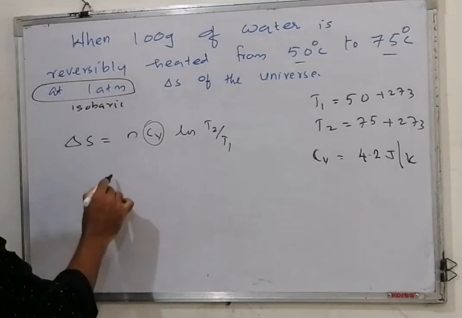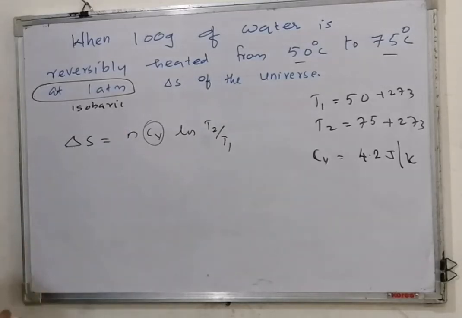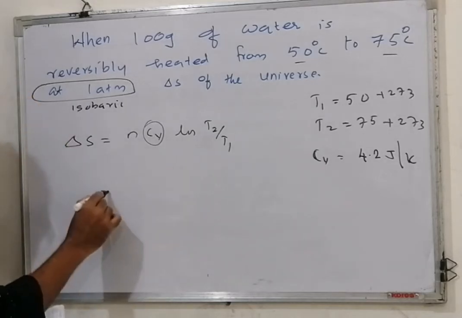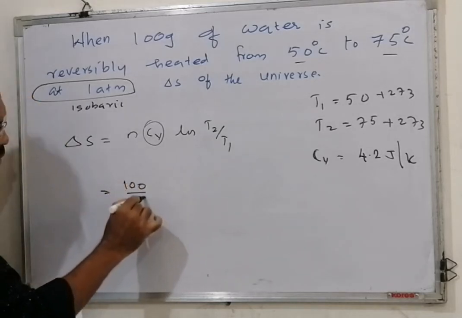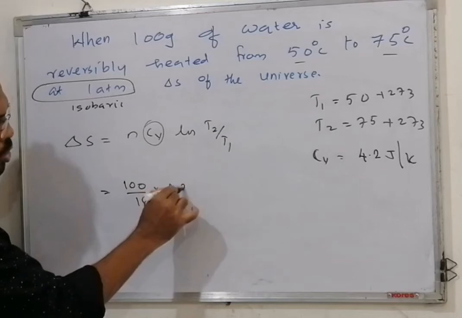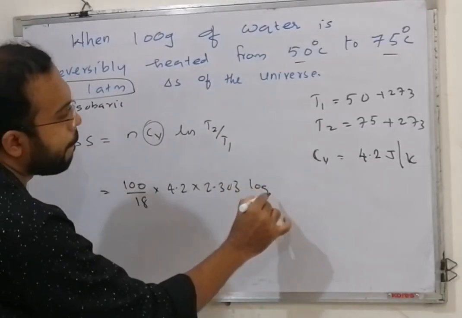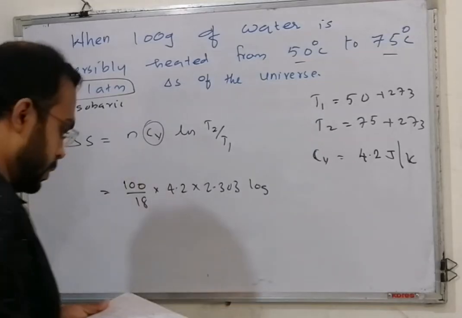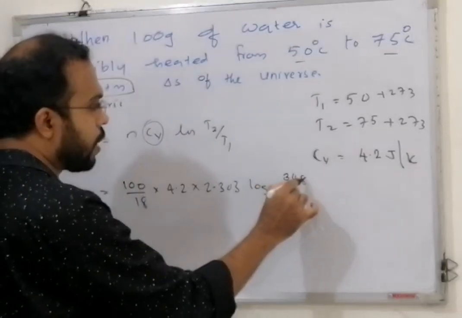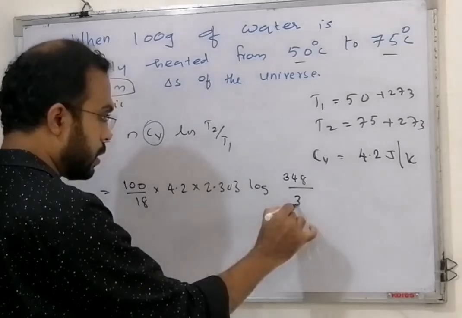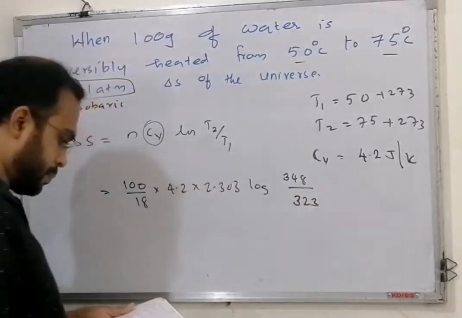Therefore, 100 gram of water means the number of moles is 100 by 18, into 4.2, into 2.303, into log 348 divided by 323.